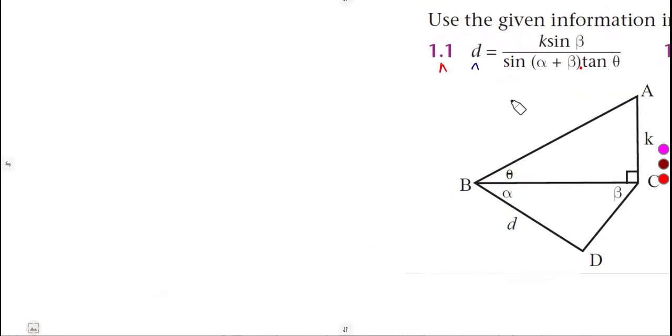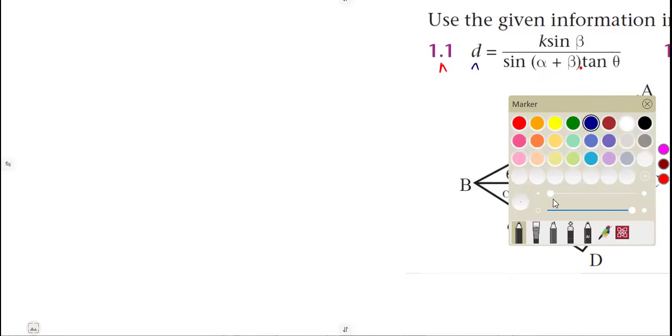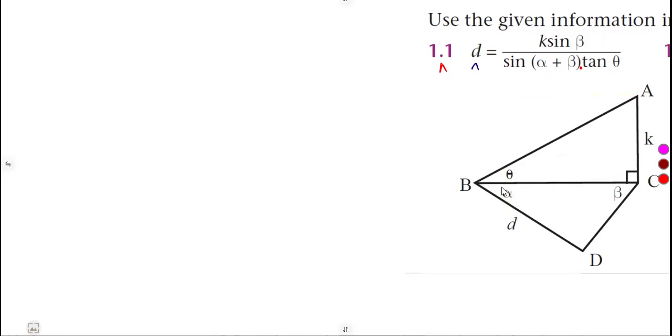It is from a non-right-angled triangle. Considering there are two triangles here, we have a right-angled triangle, and we have a non-right-angled triangle BCD. This is where we are given our D. But let's consider, if we were to find this D, how are we going to find it?